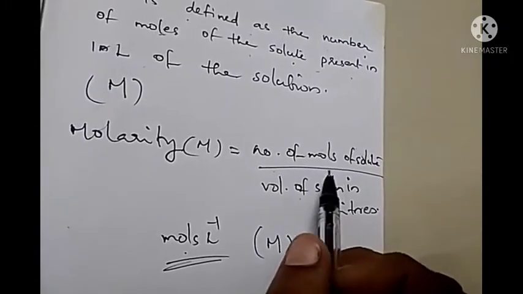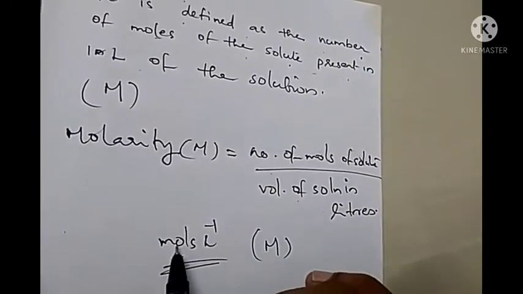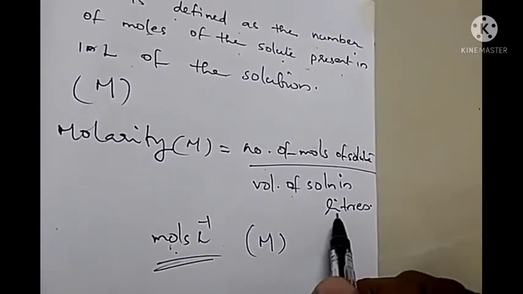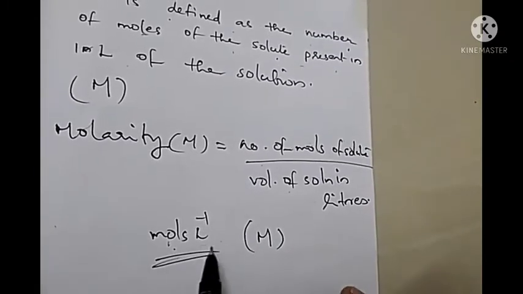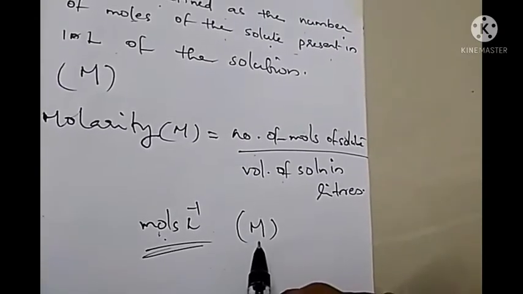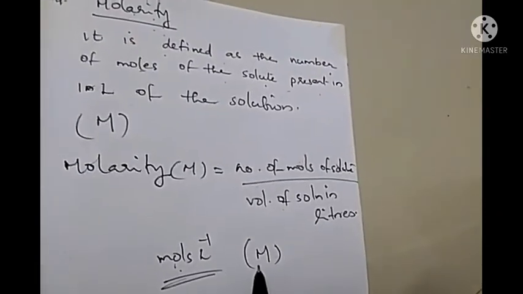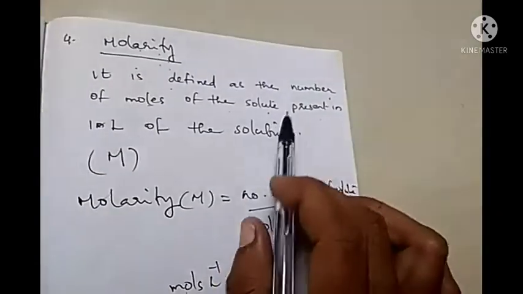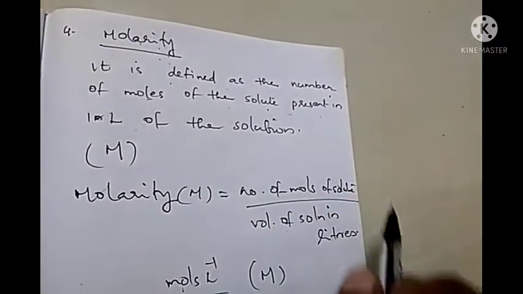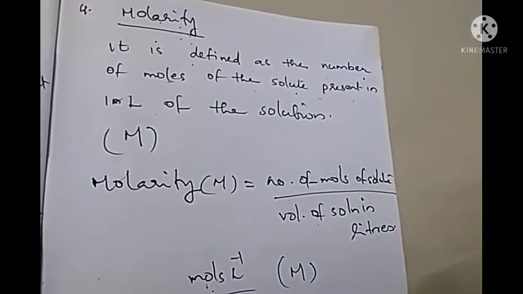What will be its unit? The unit of moles is moles, and the unit of volume is liter. So its unit will be moles per liter, and it is also represented by capital letter M.